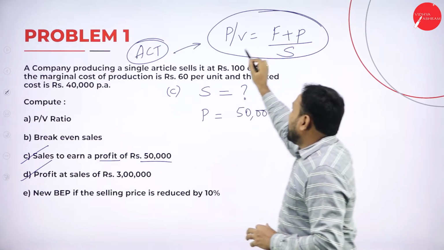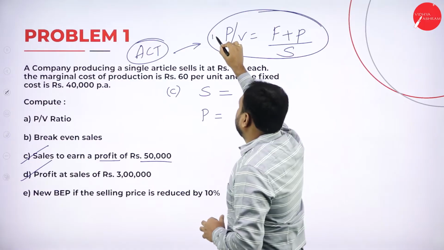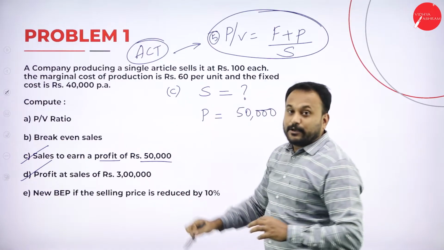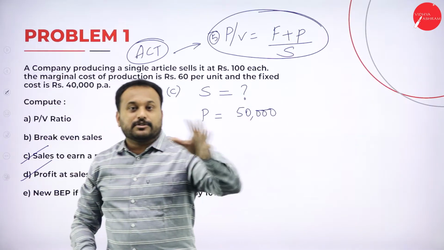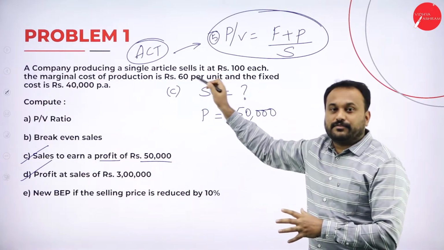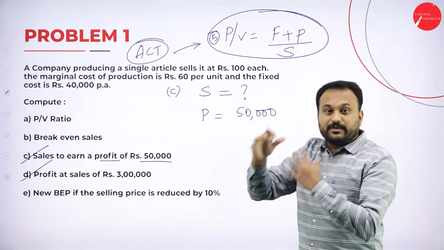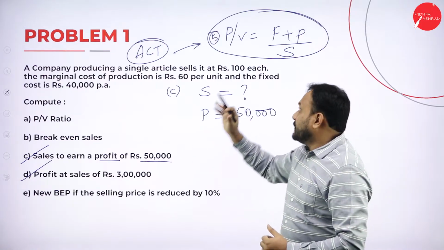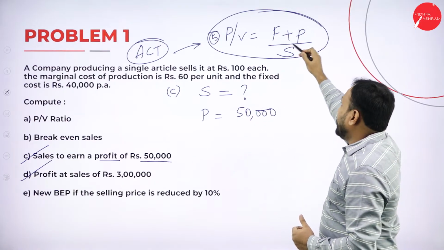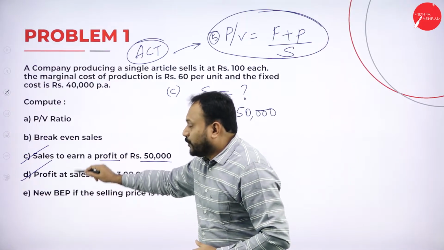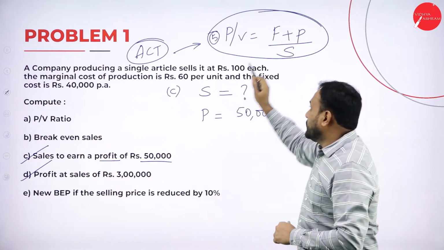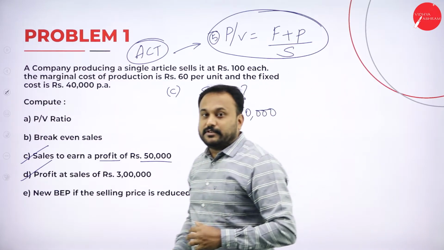That is PV is equal to F plus P divided by S. If you write this, now this is your fifth formula. I told you in marginal costing only through 5 formulas we can derive all those 15 formulas. So this is the fifth formula. It's called the universal formula according to me, PV is equal to F plus P divided by S. So for both questions, we are supposed to use this formula. I'll tell you how to use this formula.